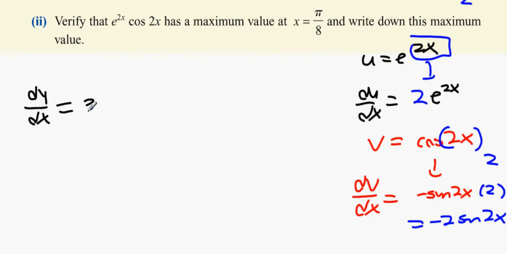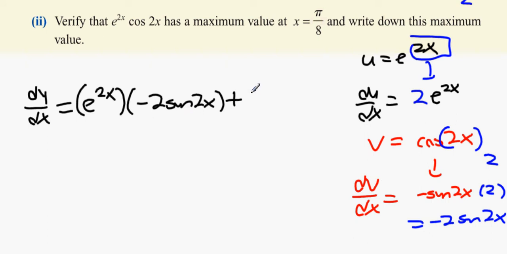So it's going to be e to the 2x times dv/dx, which is minus 2 sine 2x, plus v times du/dx, which is cos 2x times 2e to the 2x.